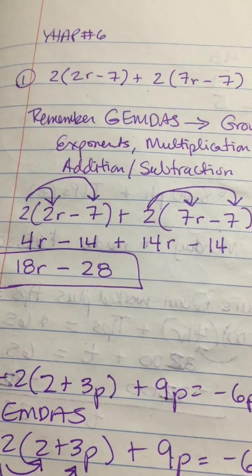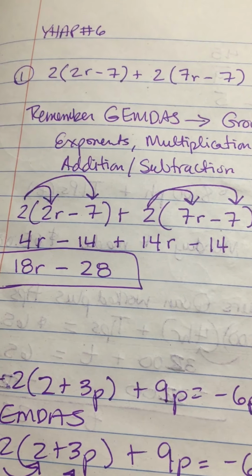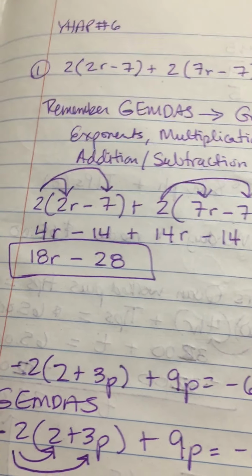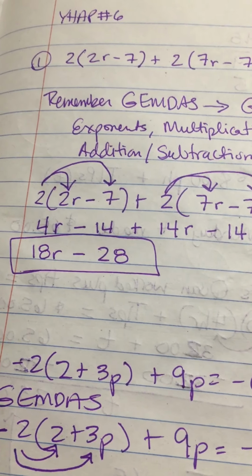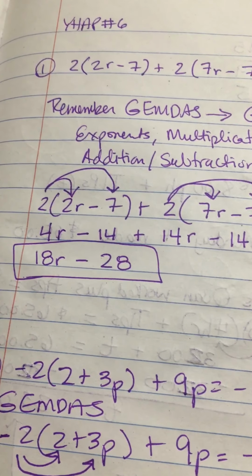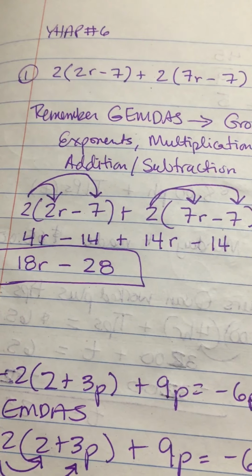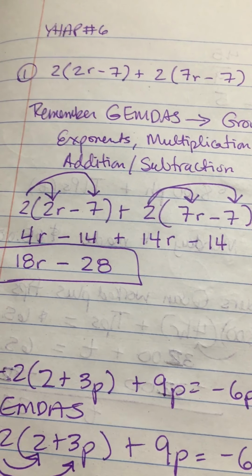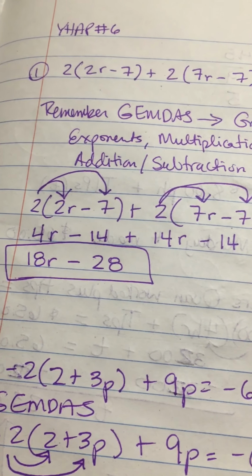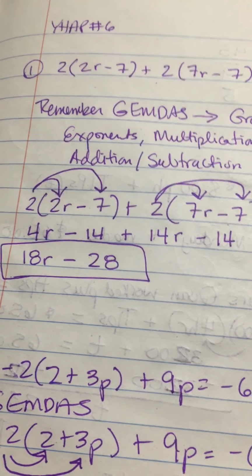You're going to combine negative 14 with negative 14. So you have 4r and 14r. You're going to combine those two terms, and your result would be 18r.